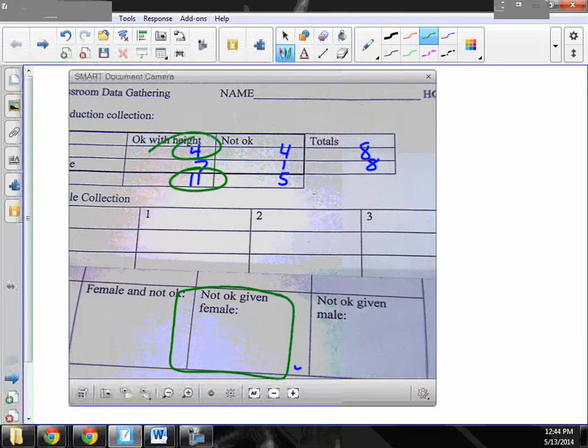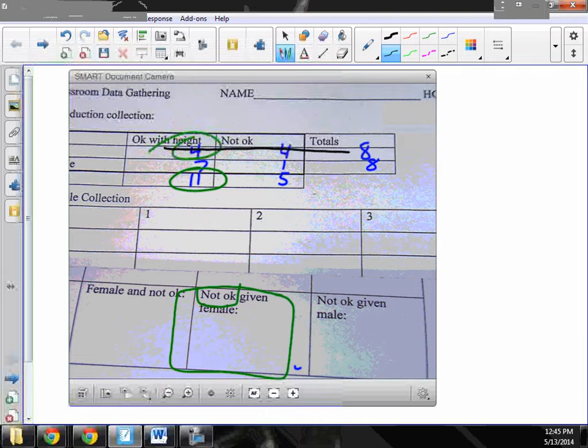So this says, not okay, given that they're female. So we need to get rid of some of these entries. Which ones do we get rid of and which ones do we keep? We get rid of all the boys and we focus on the girls. So not okay, there's only one of those among the 8 girls.